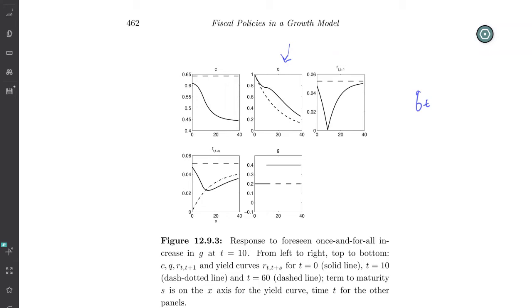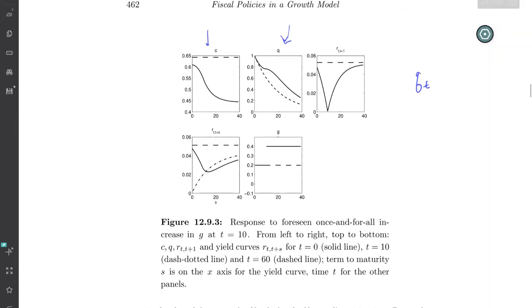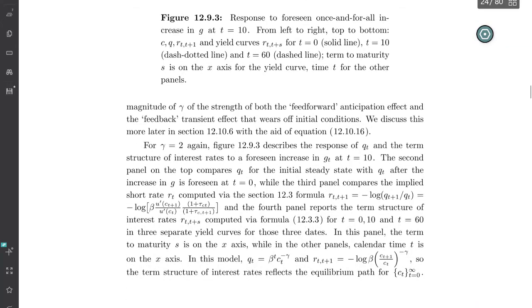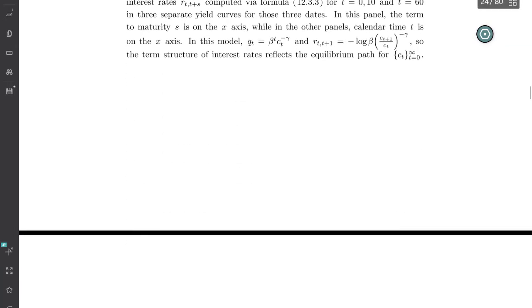Here was our C, and we could read off the altered Q. You see, it's the altered Q. The Q process changes in a way that reconciles the consumer to the new path that's chosen. Okay, so that's what's done here.